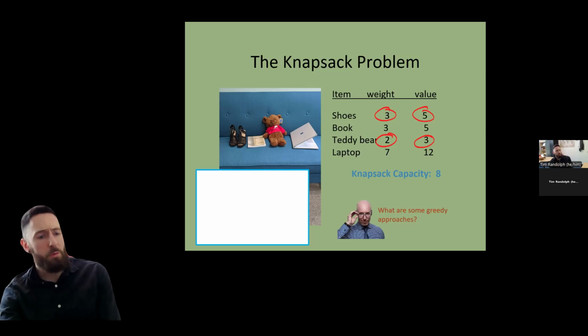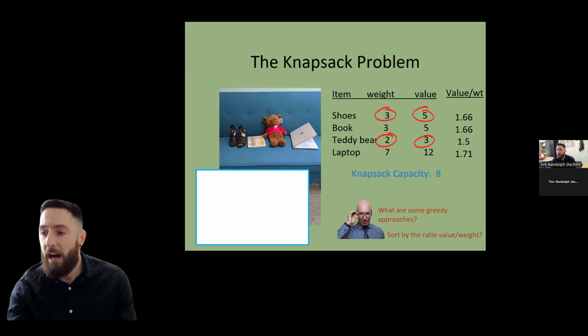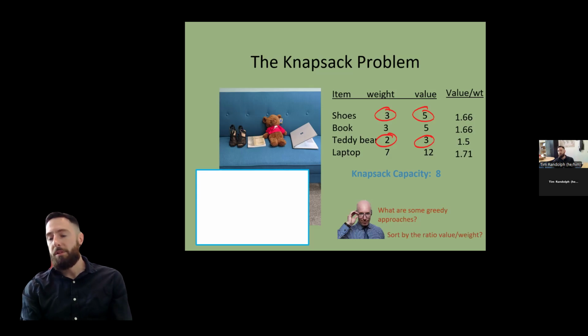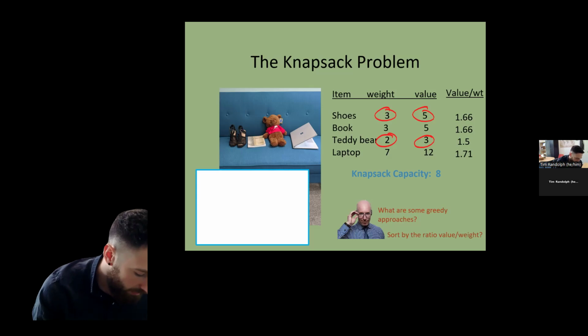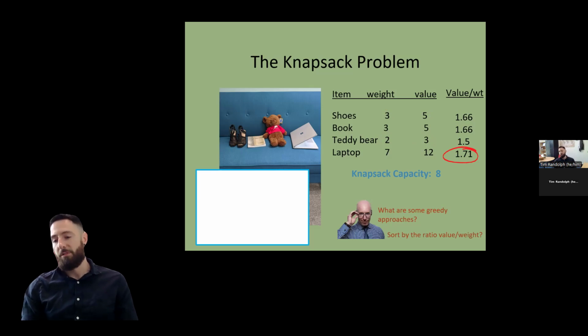Seems like I probably would want to take the items that have a really high value for a really small weight. So I can pretty easily compute the ratio of value to weight for each of these items. It tells me that they have similar value density, but the laptop is the best ratio of value to weight. And as it turns out, this is a reasonable approach, and provably it will always approximate the best solution. However, it can be off by up to a factor of 2.